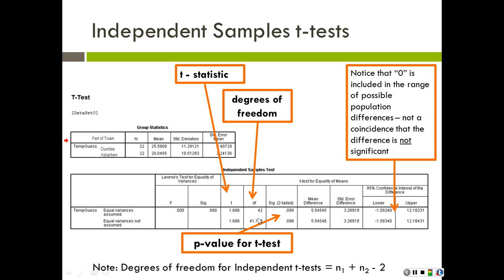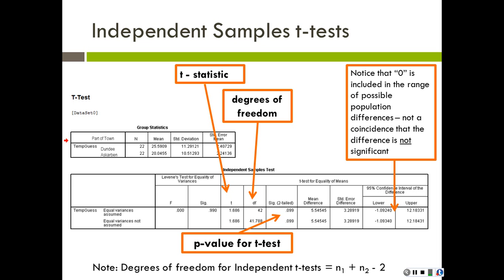A couple things to note about this output. The degrees of freedom is calculated differently for an independent samples t-test than it is for a one sample t-test. Basically, for each group that you have in the test, you remove 1 degree of freedom. In a one sample t-test, our degrees of freedom was n-1.